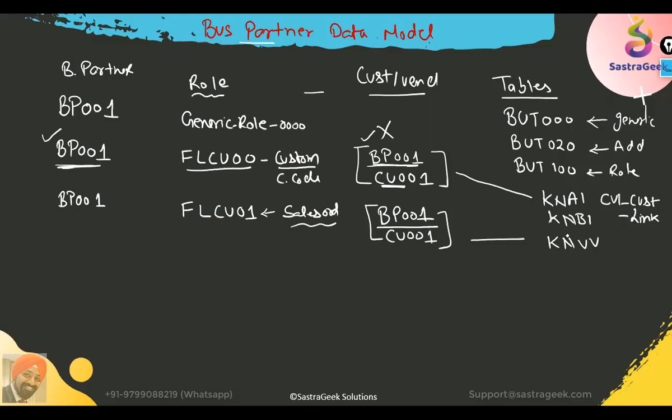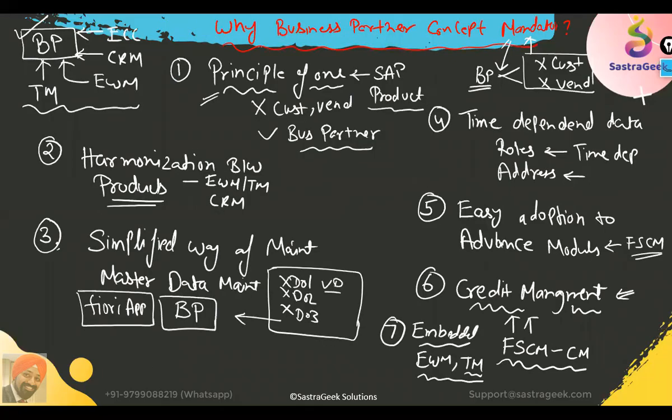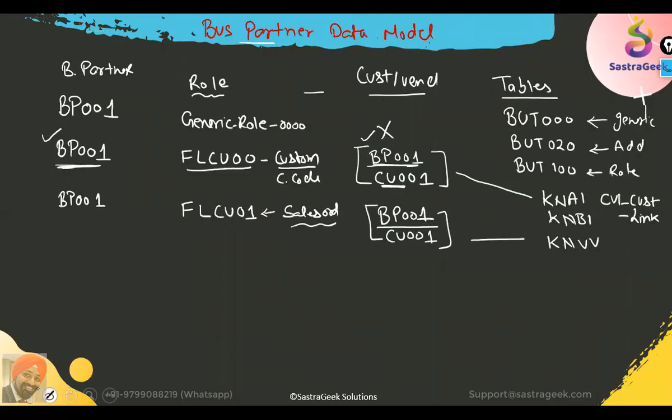Okay. Then let's say the same business partner, or it can also be another business partner, needs to be created as a vendor. The same business partner would only be extended as a vendor if the same entity is doing both roles. So let's say this entity is doing both roles, so BP001 is also now acting as a vendor.